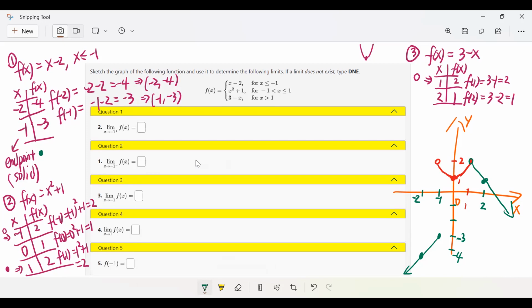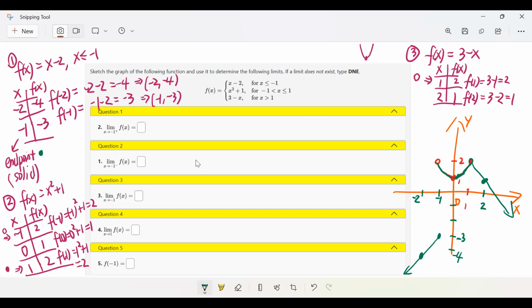And if you look at this graph right here, is there any discontinuity here? What do you think? Anybody have a suggestion? Discontinuity? Okay, so basically at -1, right?